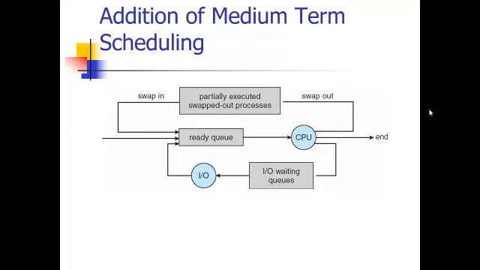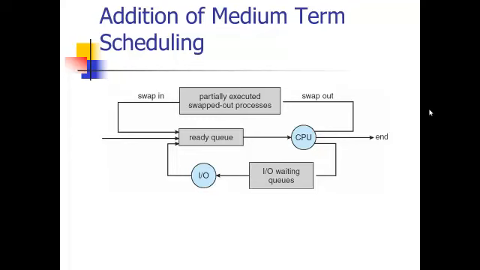So when we remove certain unwanted instructions or processes in the main memory, we call it as swap out. And when we load from the virtual memory to the main memory, we call it as swap in.